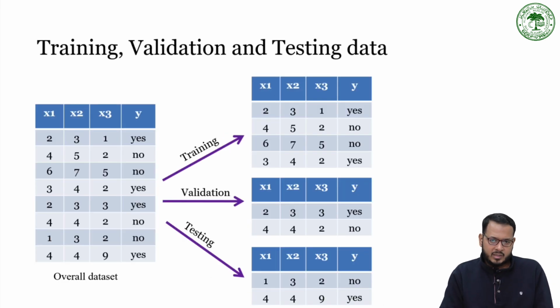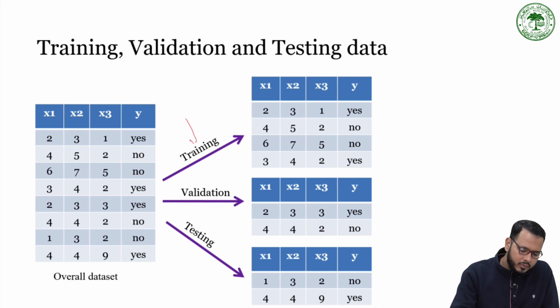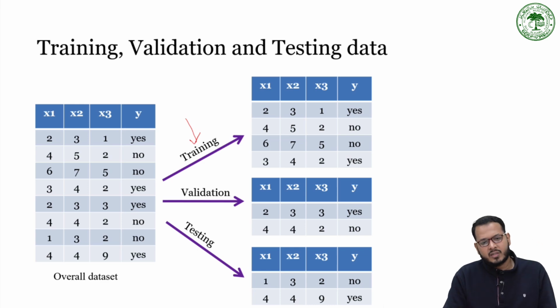So when people use a validation set, we divide our data set not in two categories as training and testing, but in three categories: training, validation, and testing data set. Training goes usually to learn the coefficients, to learn the parameters.